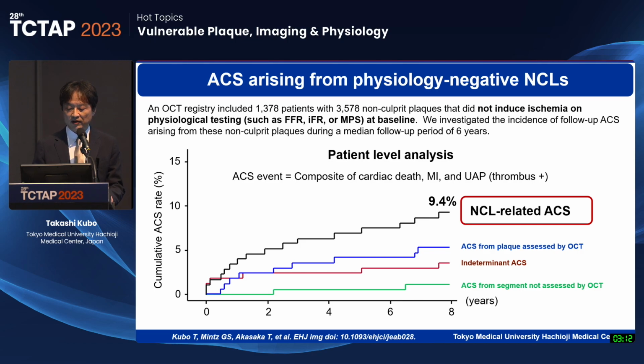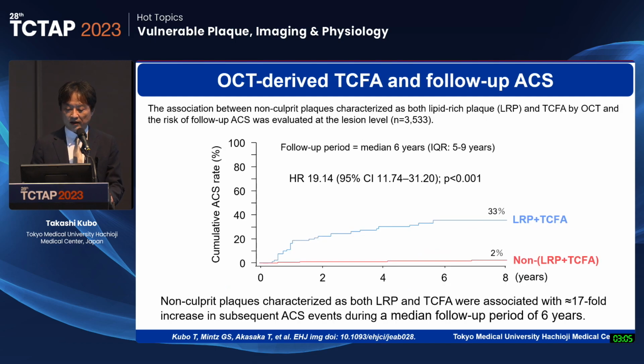The non-culprit lesion-related ACS rate was 9.4%. This slide shows the OCT-derived TCFA and lipid-rich plaque and follow-up ACS. Non-culprit plaques characterized as both lipid-rich plaque and TCFA were associated with a 70-fold increase in subsequent ACS events during a median follow-up period of 6 years.